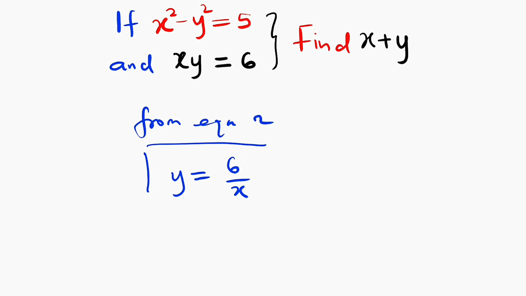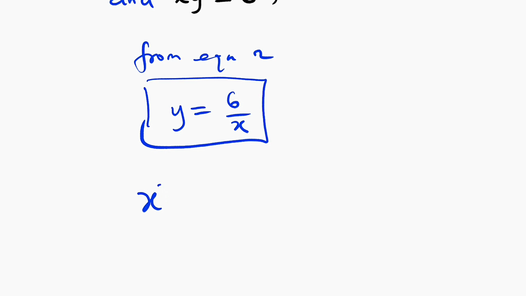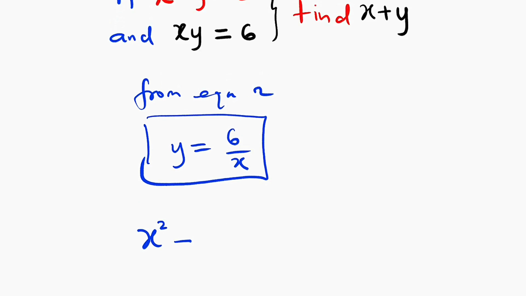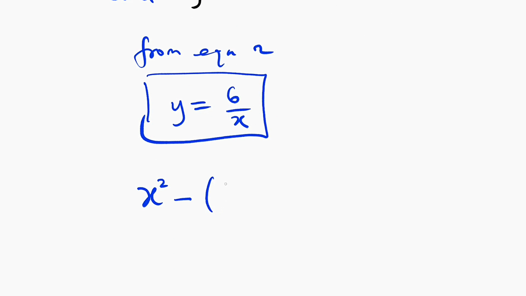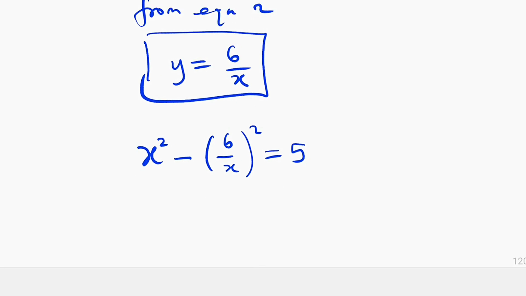So let's cover this because it is an important equation. So from equation 1, we have x squared minus, instead of y, we replace it with 6 divided by x, also all squared, and this is equal to 5. And we're going to solve this equation in terms of x.